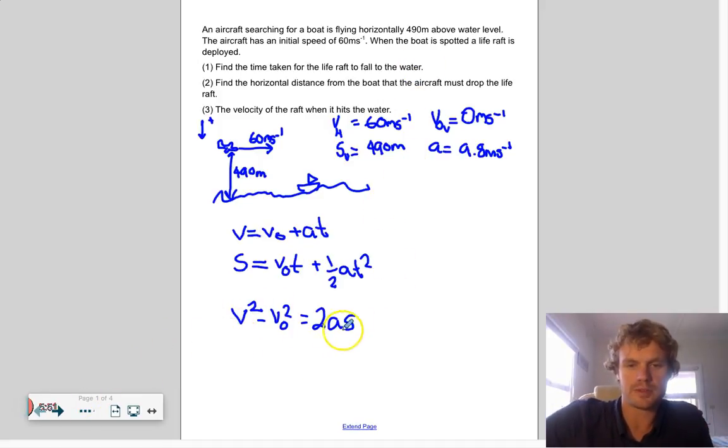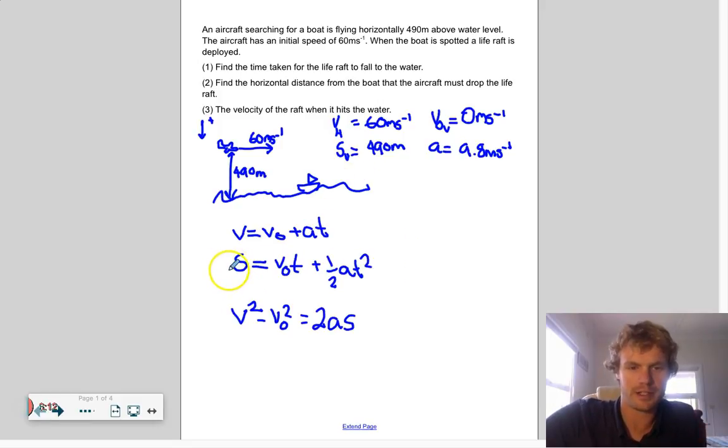So of these formulas, if I want to find out the time taken, and I know my vertical distance, I can apply it into this formula here.